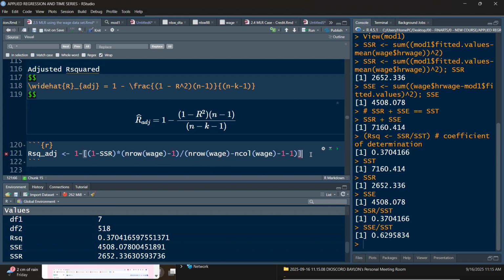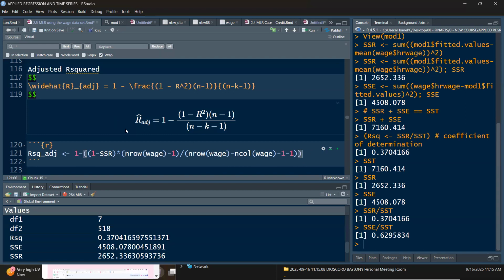What's wrong with ours? N row minus n column of wage minus 1 minus 1. What's wrong? It doesn't like brackets? Wait, let me check. That should be possible. Yes, it doesn't like brackets. Maybe they're for special use only.